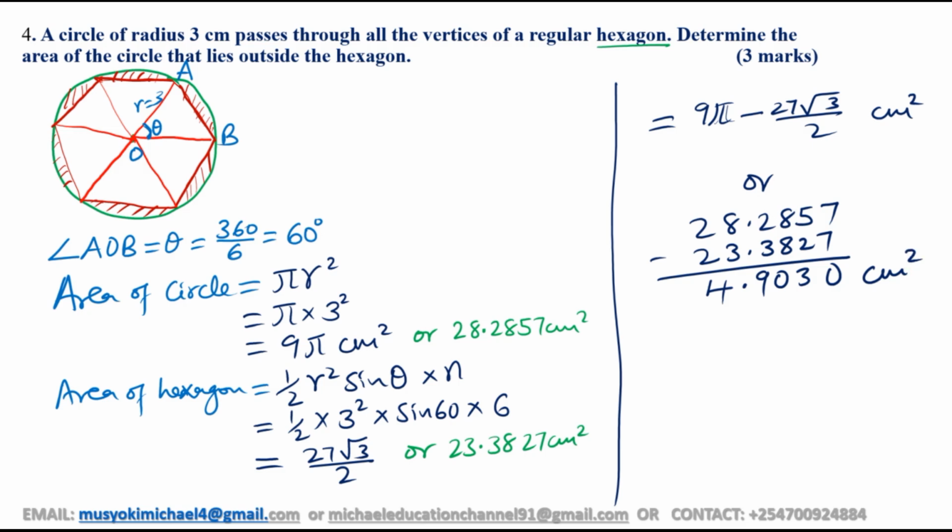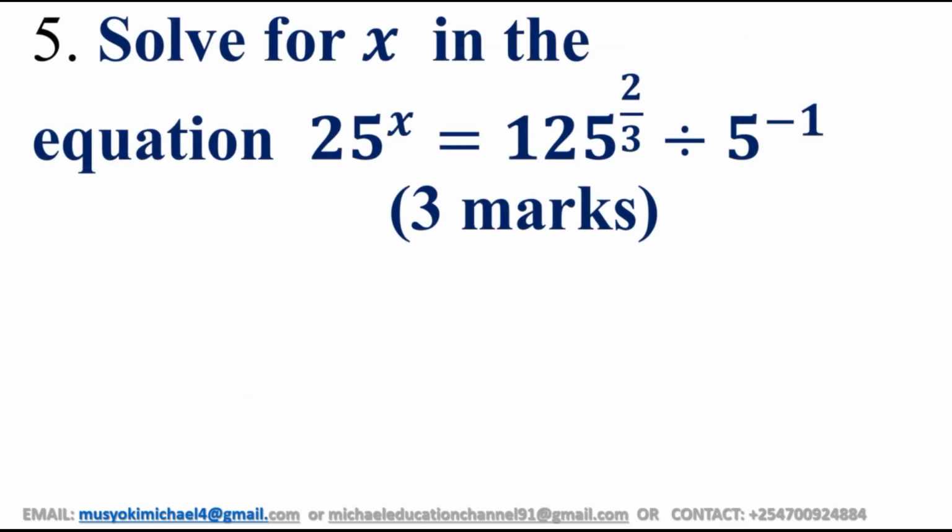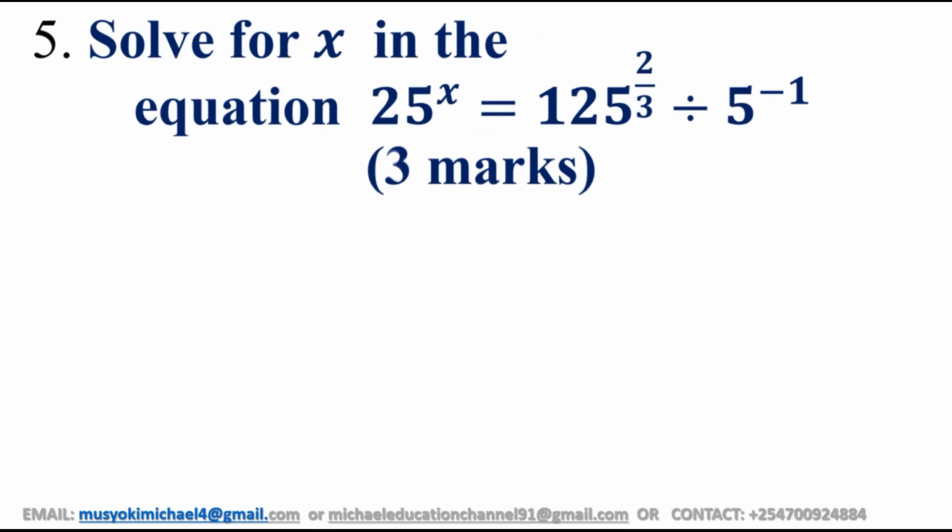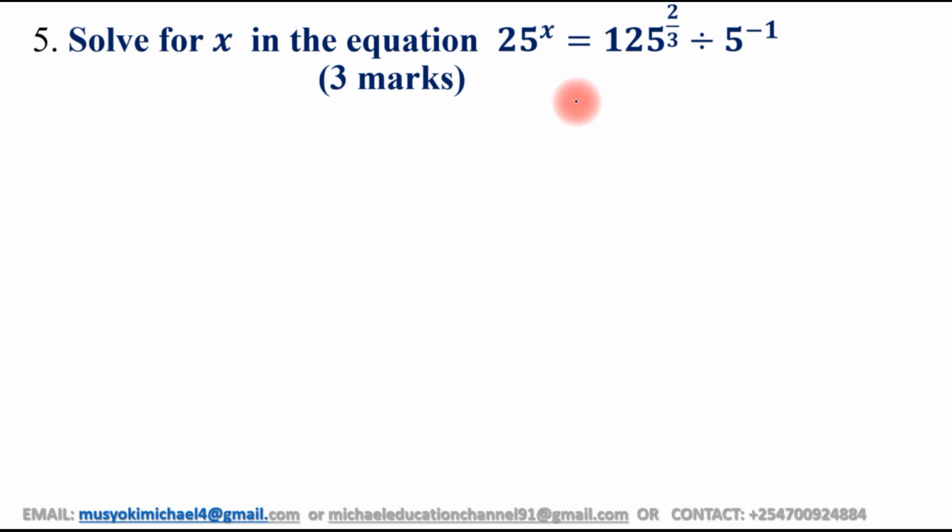Next question is question 5. Solve for x in the equation 25 raised to x is equal to 125 raised to 2 thirds divided by 5 raised to negative 1. We are required to express both sides of the equation to the same base.